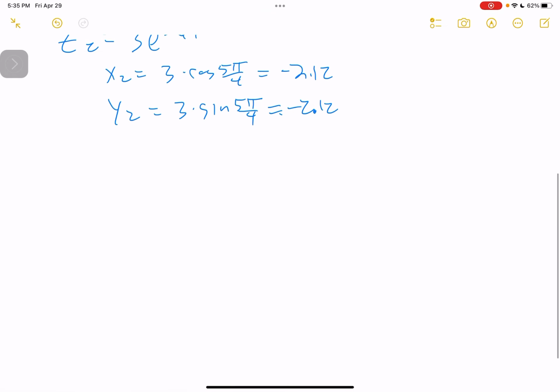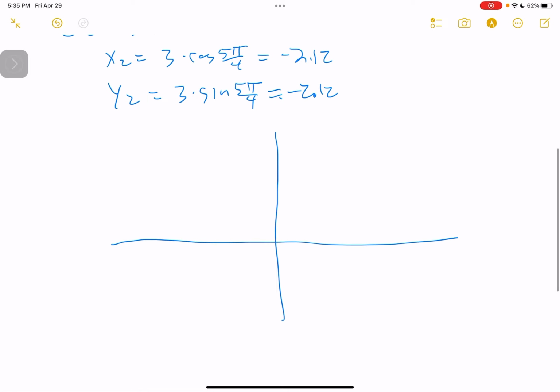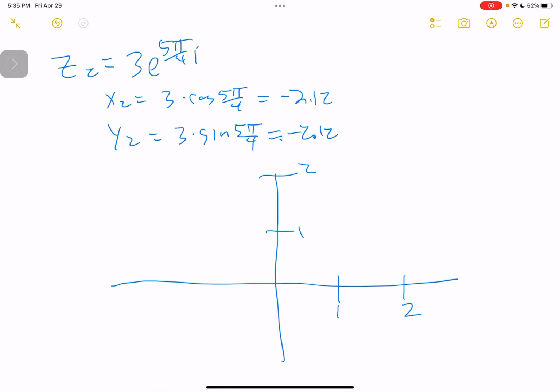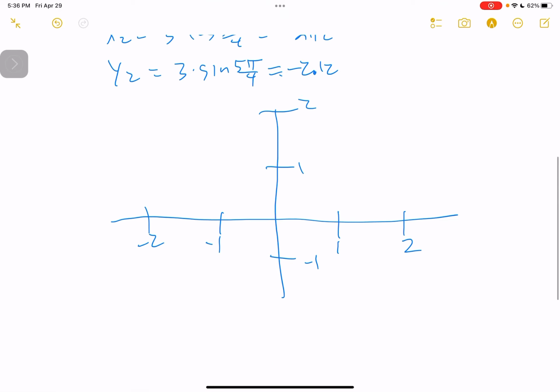Now if we were to plot these, let's just make this big, make that a 1, make that a 2, make this a 1, make this a 2. So in the first case, I guess we'll go over here too. So we'll make this a negative 1, and this is a negative 2, and negative 1, and a negative 2.